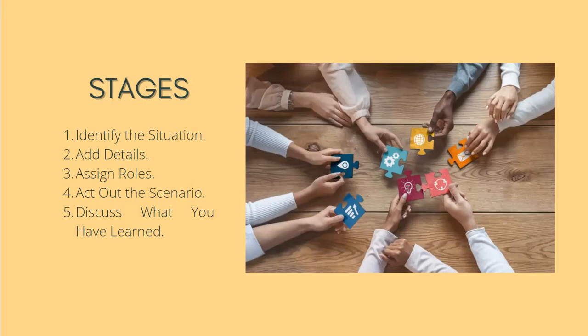When you finish the role play, discuss what you've learned so that you or the people involved can learn from the experience. Learning interest is essential in creating effective discussion results so that a student can improve their critical thinking skills.